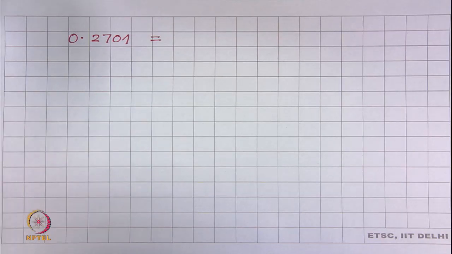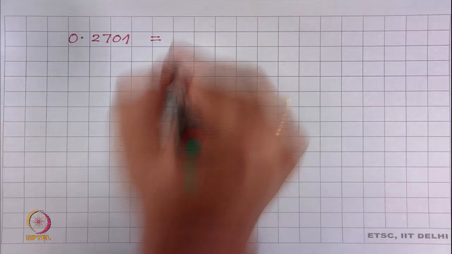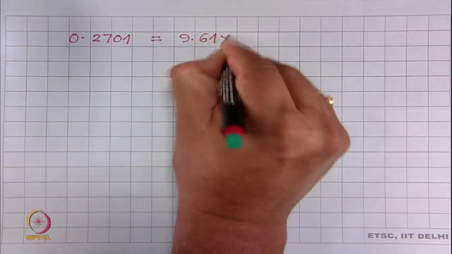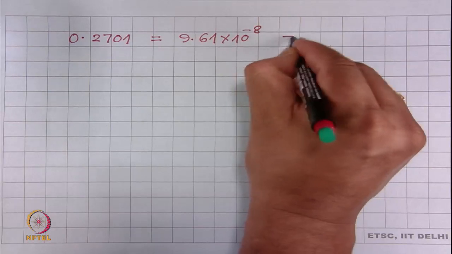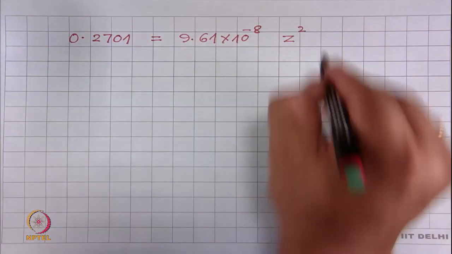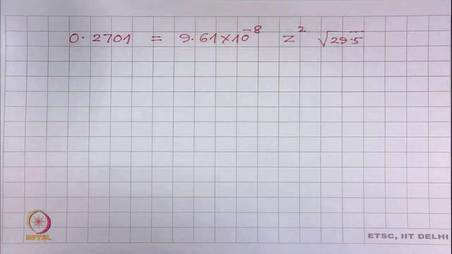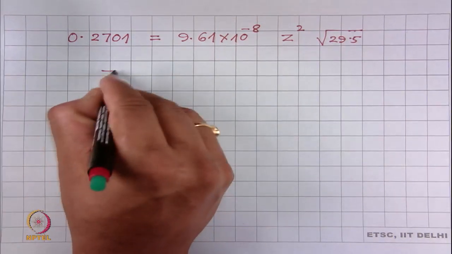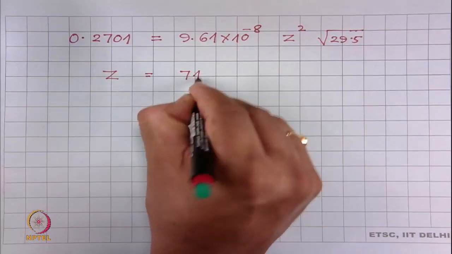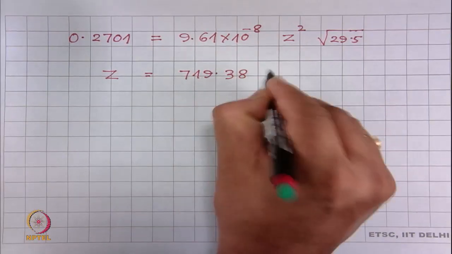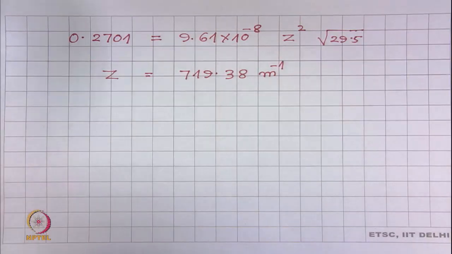What is the value of q here in this problem? The value of q is 9.61 into 10 to the power minus 8 z square, and what is the value of T? T is 29.5. So, if you solve, you will find z equal to 719.38 meter inverse. So, roughly 720 turns are to be inserted per meter of this yarn.